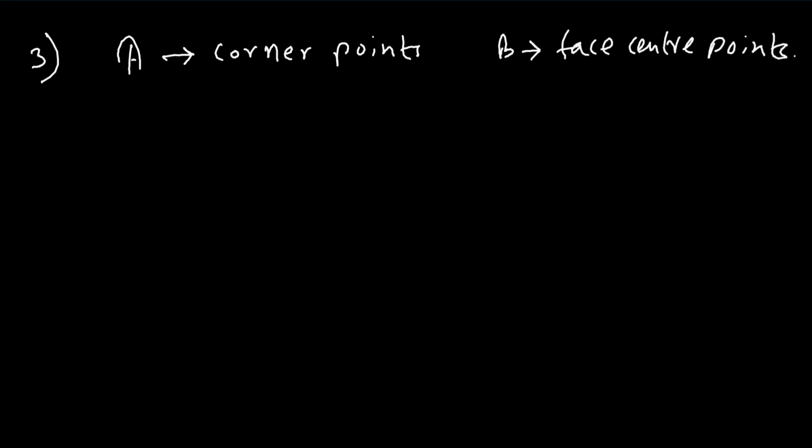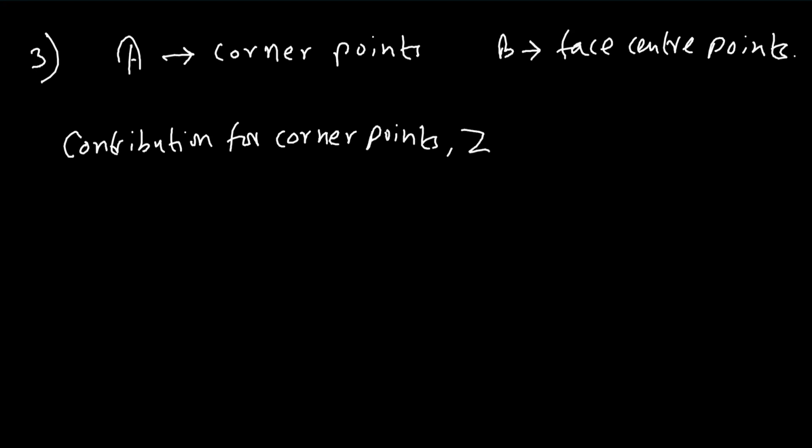Now we know the contribution for corner points, which we denote by the letter Z, is equal to how much? 1 by 8 into how many corners are there? 8. So it is 1. So Z factor for A is 1.